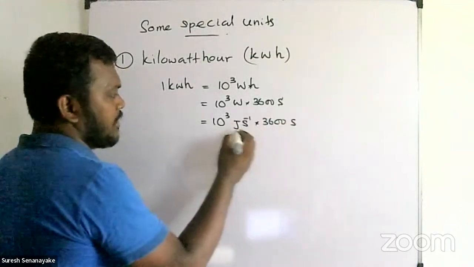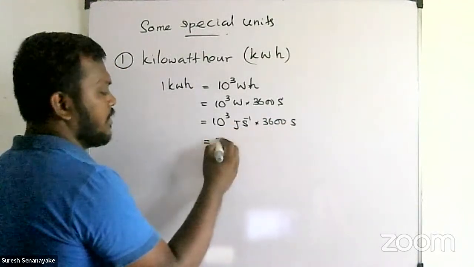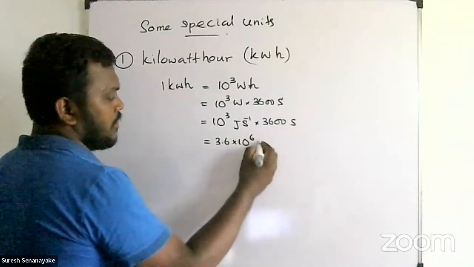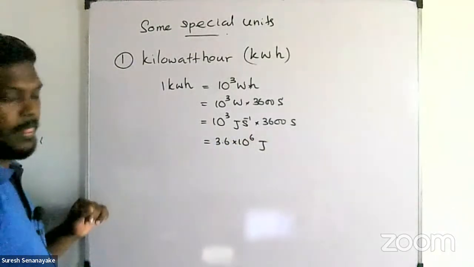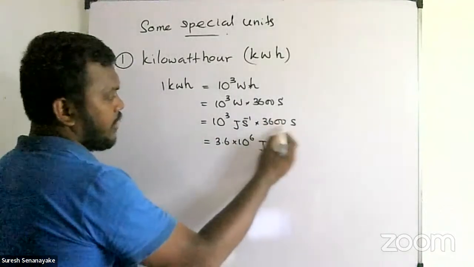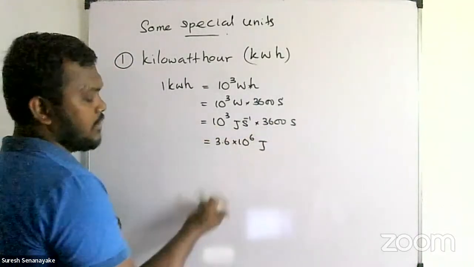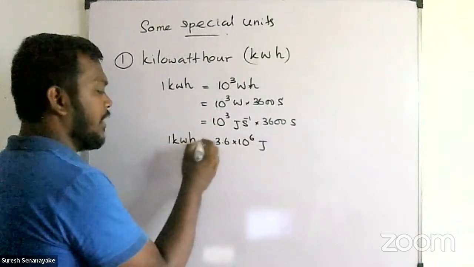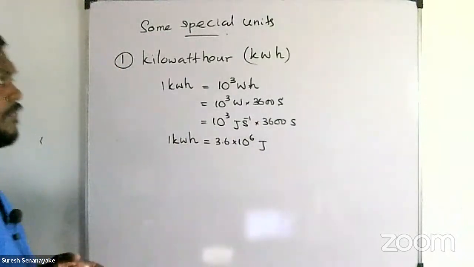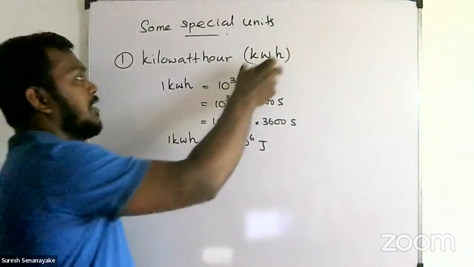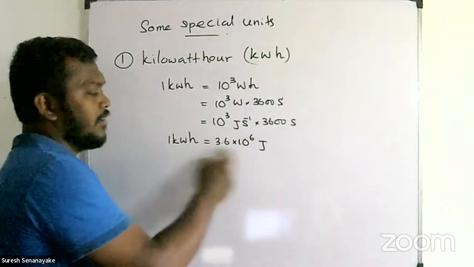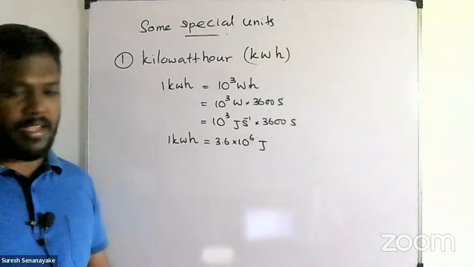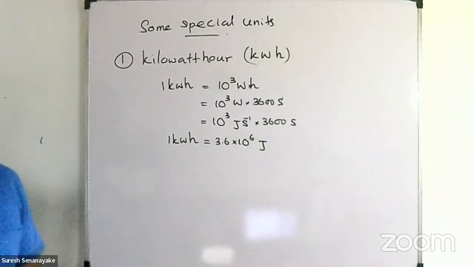Seconds cancel, then joules remain: 3.6 into 10 to the 6 joules. So 1 kilowatt hour of energy equals this. If the energy is given in this term, you can convert it to the SI unit, joules, by multiplying by 3.6 into 10 to the 6.